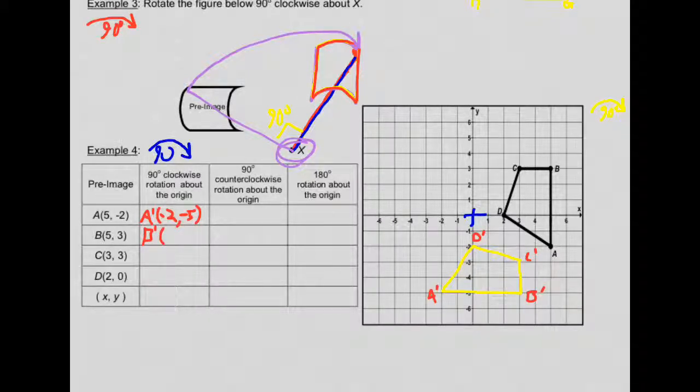B prime I can see is 3, negative 5. C prime looks like 3, negative 3. D prime is 0, negative 2.